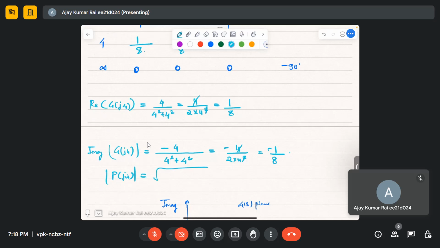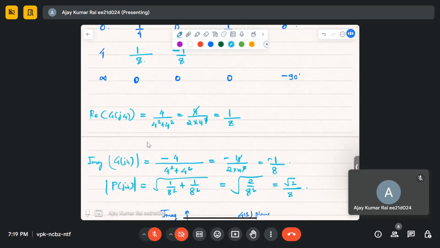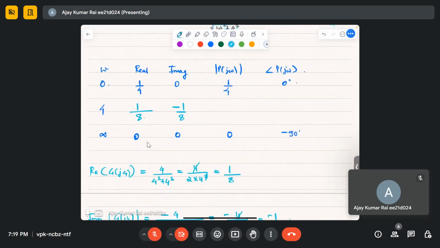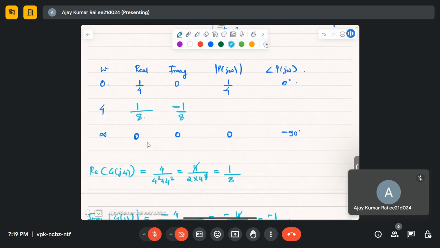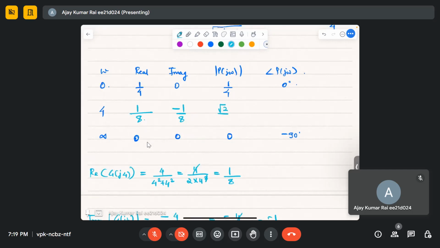Real part plus imaginary, it's like 1 by 8 square plus 1 by 8 square, right? It will be 2 by 8 square, and that is root 2 by 8, if I am doing everything correctly. So this will be the magnitude.